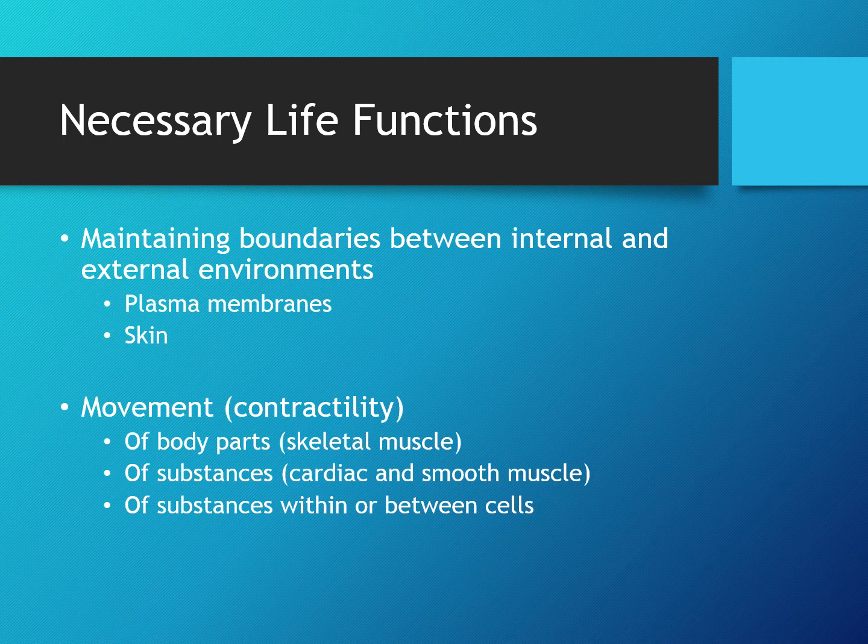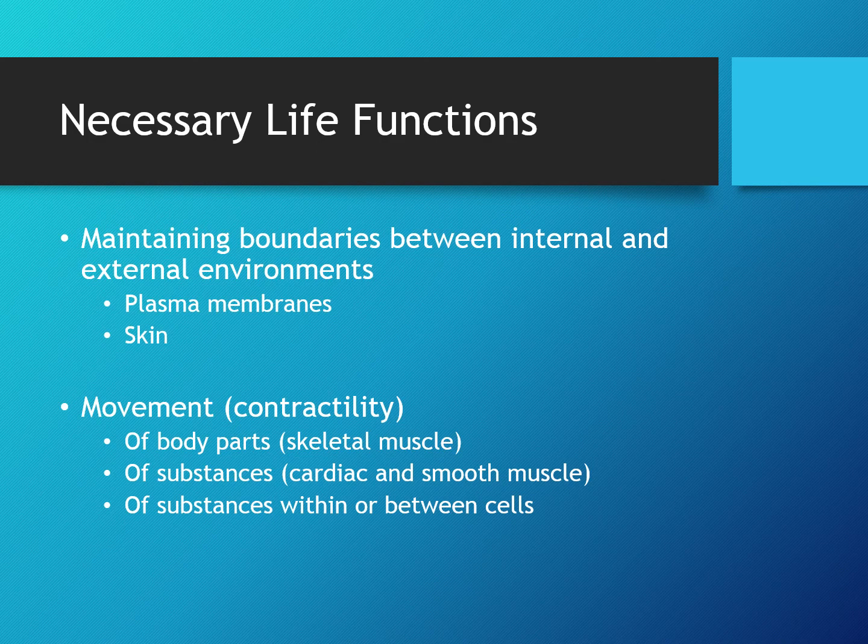Imagine what would happen if every time you went outside and it was raining, all of those chemicals and minerals would be diluted. Those chemical reactions that you need to live would essentially cease to happen and you'd die. So plasma membranes and skin help keep that from happening.